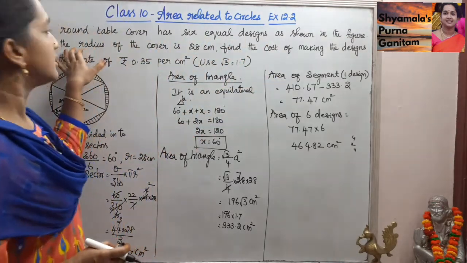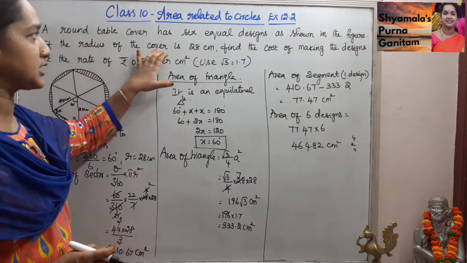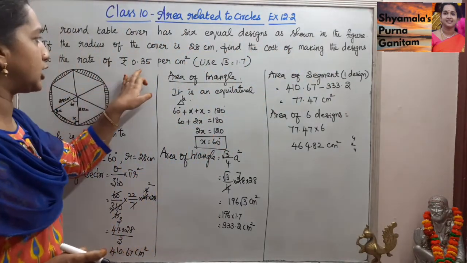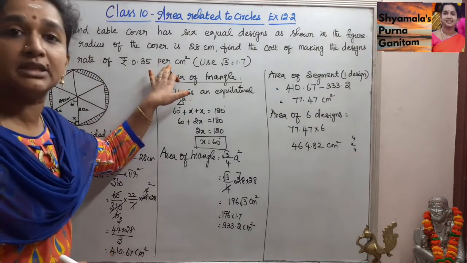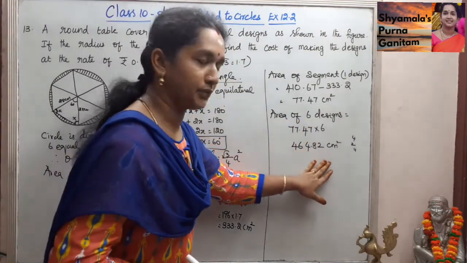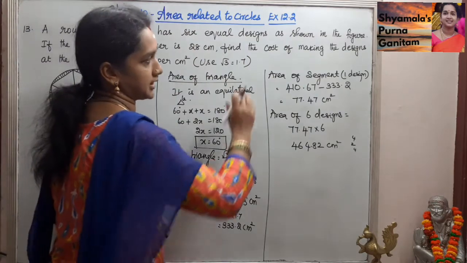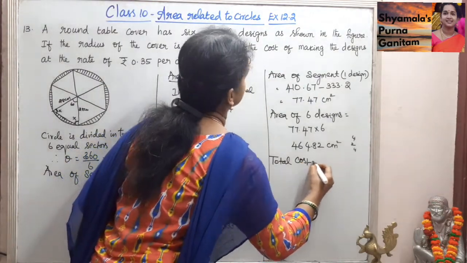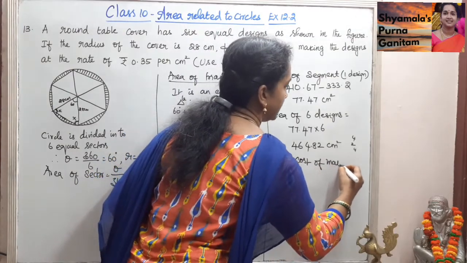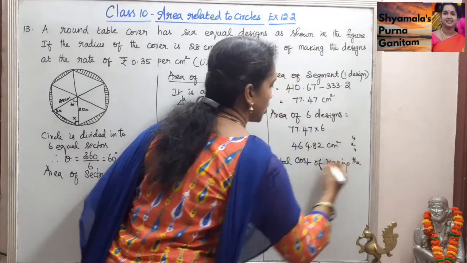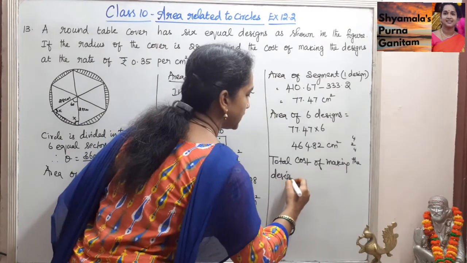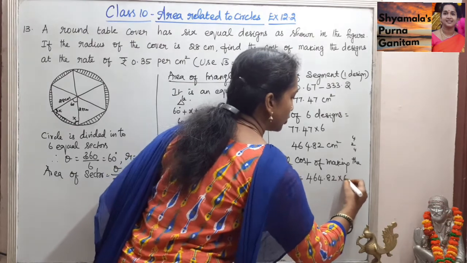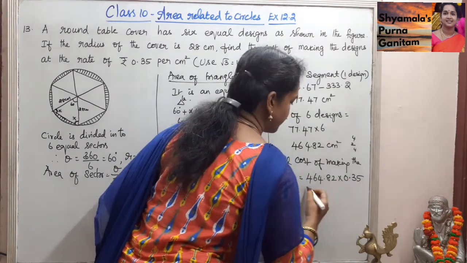Then we need to find, if the radius of the cover is 28 centimeter, the cost of making the designs at the rate of 0.35 per centimeter square. We got the area of the design. So total cost of making the designs is equal to 464.82 into 0.35.